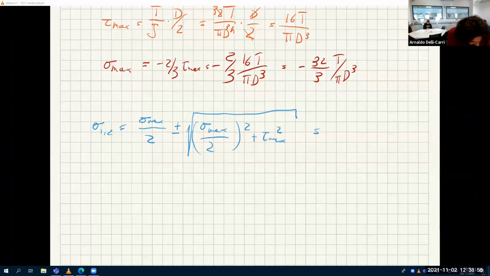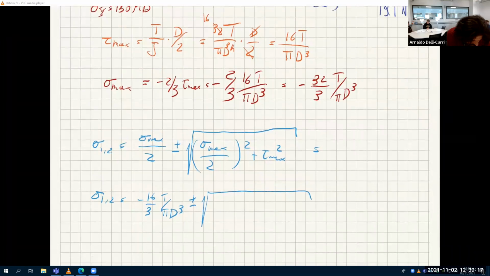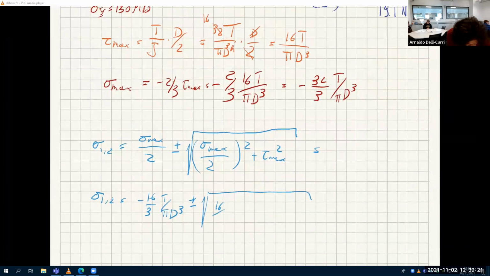So I can say this sigma 1, 2 is, this divided by 2 is minus 16 divided by 3 T pi d cubed plus or minus the square root of 16 divided by 3 T squared plus 16 T divided by pi d cubed squared.